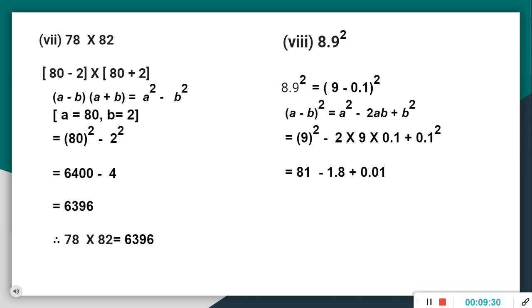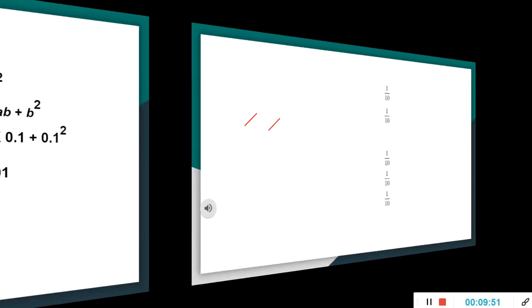Now we can add it together. First add 81 plus 0.01, 81.01, then subtract 1.8. So we will get 79.21. So 8.9 square will be 79.21. Okay.